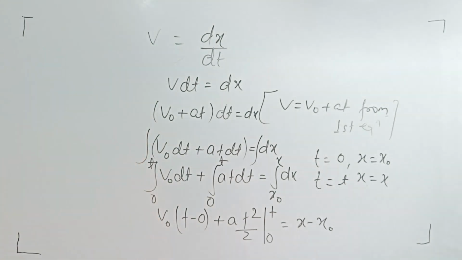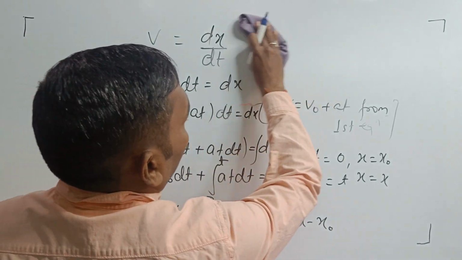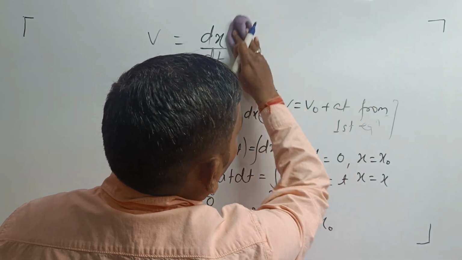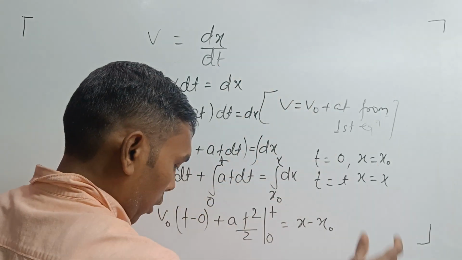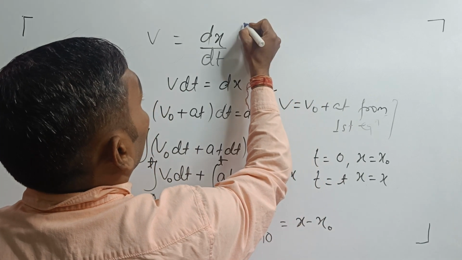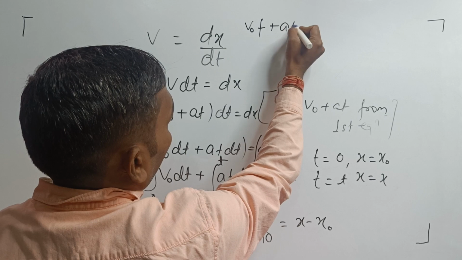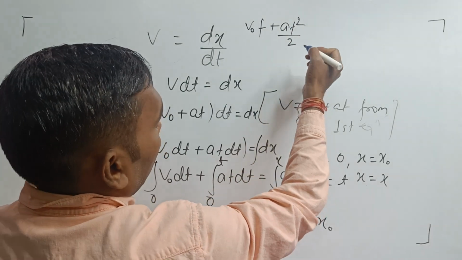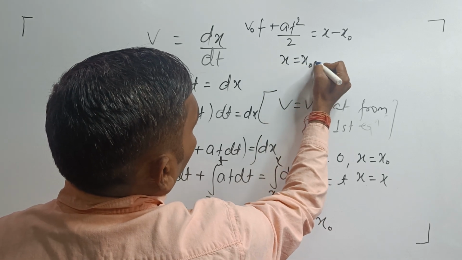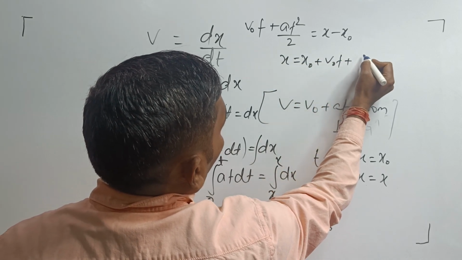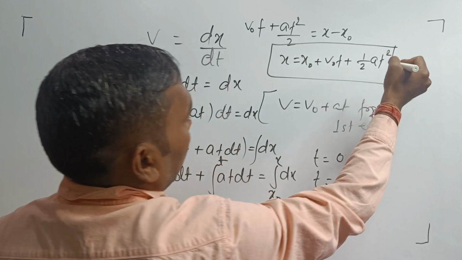Again, you can see here, v naught t plus a t square upon 2 equals x minus x naught, x becomes x naught plus v naught t plus half a t square. This is the generalized equation of second.